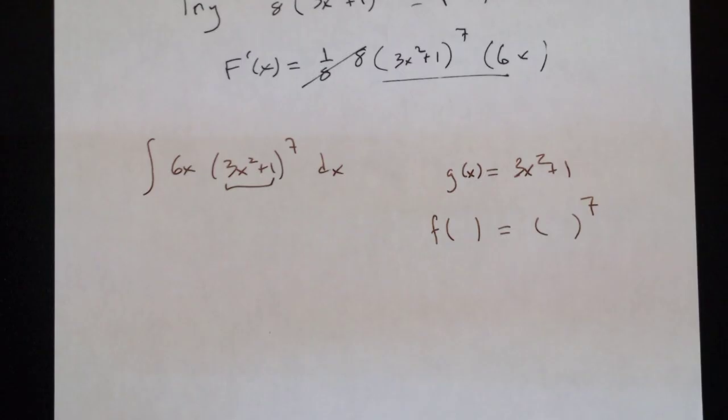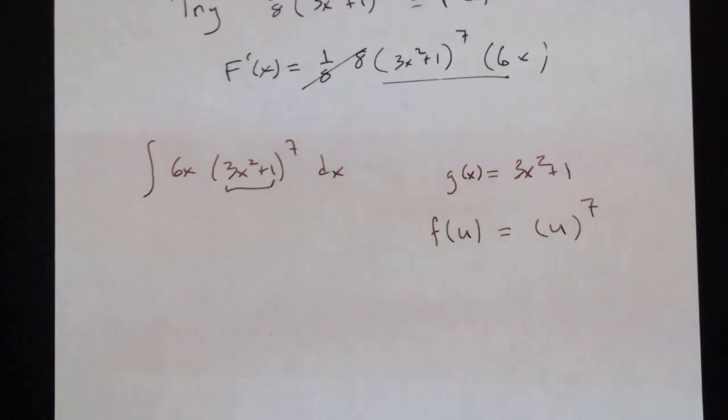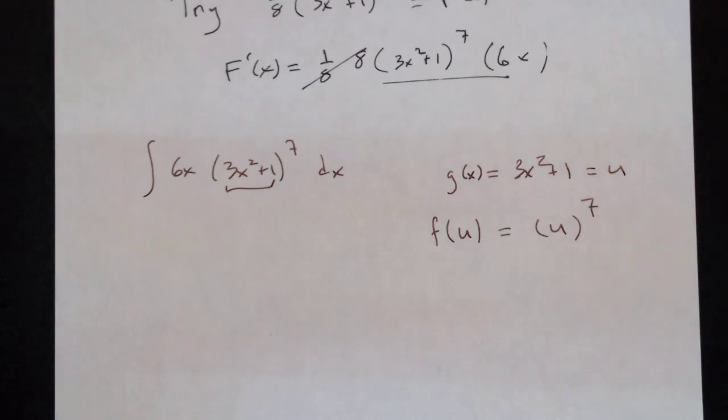Back in chapter 3, when we did the chain rule, I gave that a letter. Tried to be funny about it. U, right? FU. So we're going to FU here. But I might as well go ahead and use that letter up here. So instead of writing this as g of x, I can write that as u. You can use any letter on the face of the planet. I don't care. I just don't want to use x.